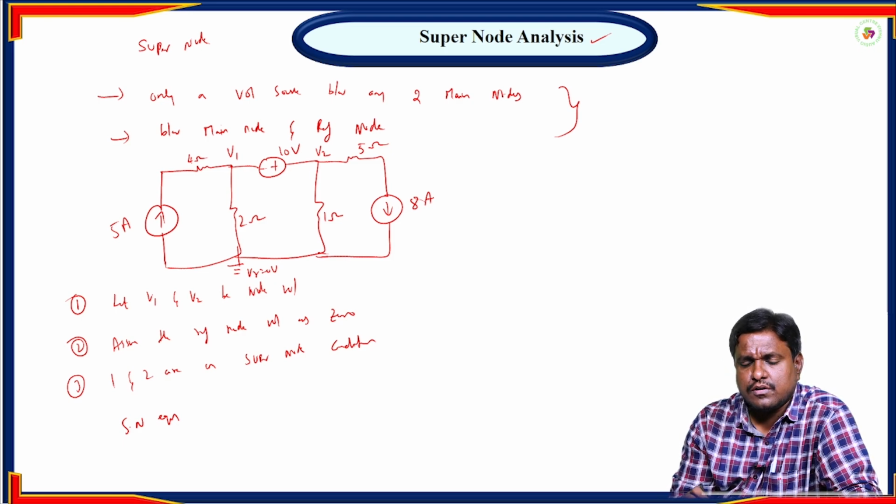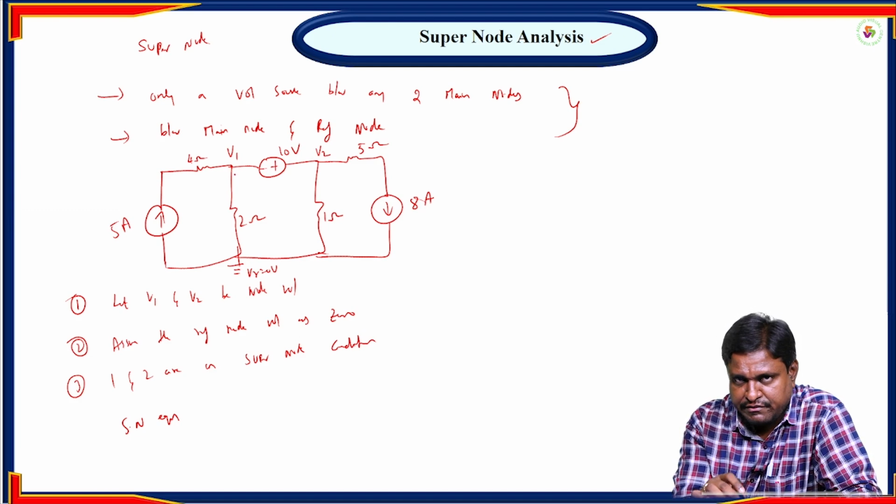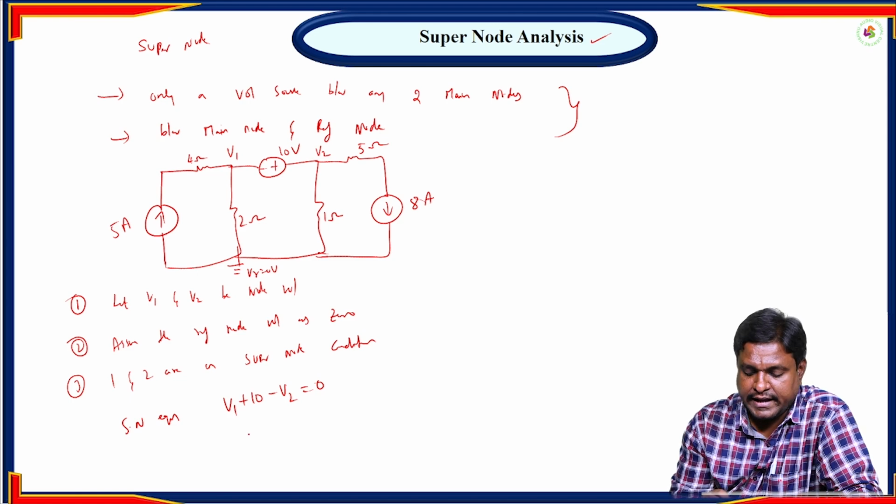Starting with V1, going from minus to plus, V1 is positive with respect to V2. If I start with V1, I consider V1 positive with respect to the other node. So V1, minus into plus, whatever the value, plus 10 minus V2 equal to 0. I get V1 minus V2 equal to minus 10.